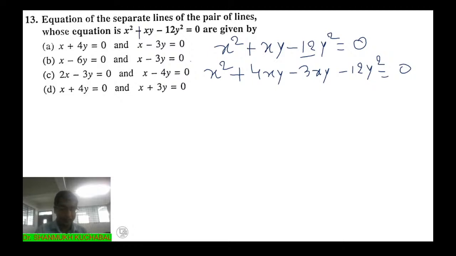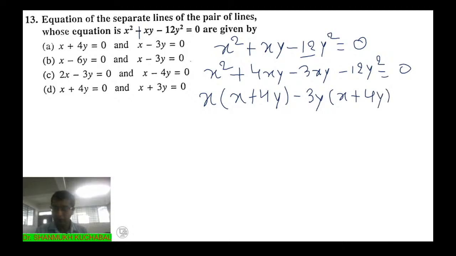Further, we take x common from the first two terms. We get x into x plus 4y. And we will take minus 3y common from the second part. We get minus 3y into x plus 4y equal to 0. Now we can take x plus 4y common from both the terms.